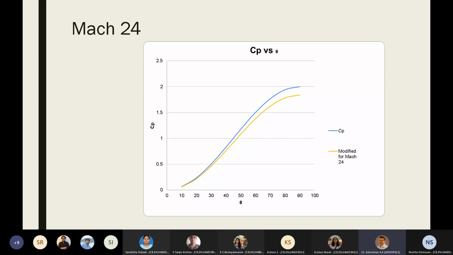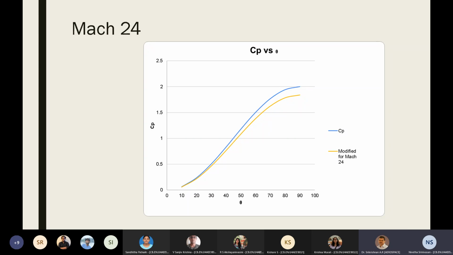Anybody can highlight from the graph. Actually, it's quite obvious. Is the Mach number influence prominent at lower or higher Mach numbers between the two models, the modified and original? For example, theta equals 20. Do you have any difference between the two models? No, sir, not really. As theta increases, there is a lot more variation.